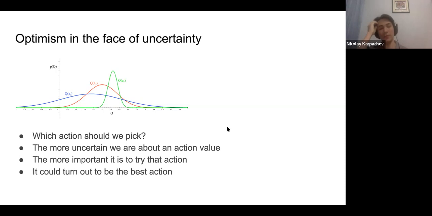One strategy for selecting actions is that the more uncertain we are about a value, the more important it is to try that action, because it could turn out to be the best action. So it's very intensive exploration. We always explore the action that we are less certain about.